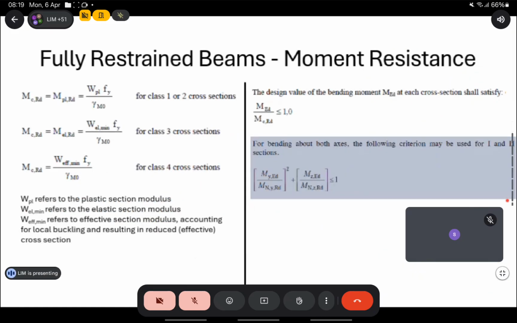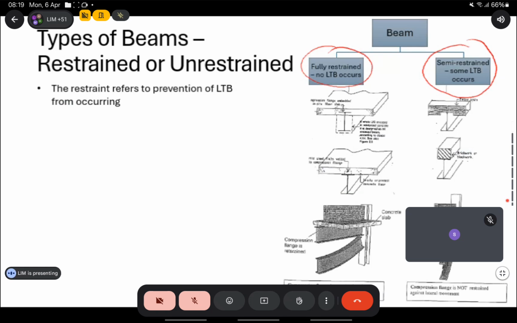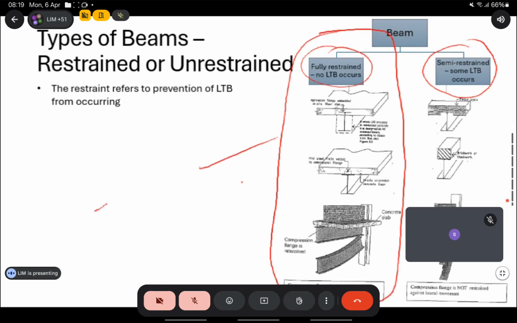Next, we are going to go into the design of fully restrained beams today. For this entire week, we will cover only fully restrained beams.